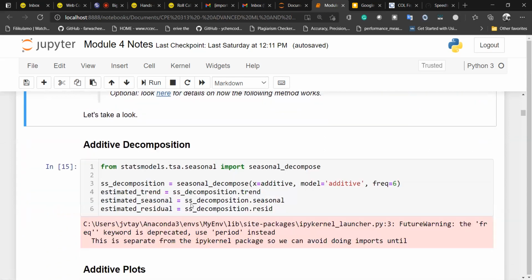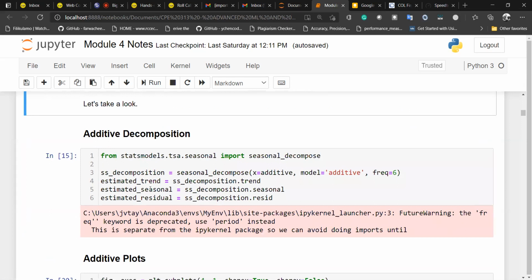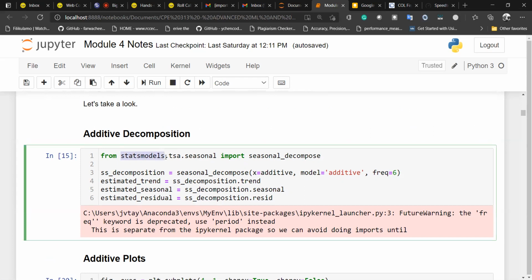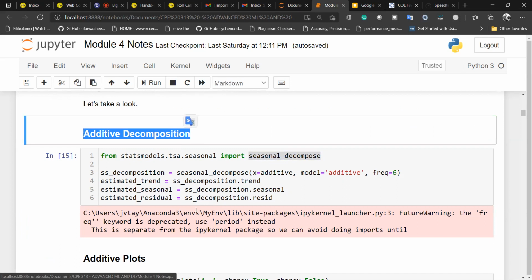So let's take a look by looking at the additive decomposition. We need some libraries from statsmodels. We look at tsa.seasonal and import seasonal_decompose because we're doing additive decomposition.